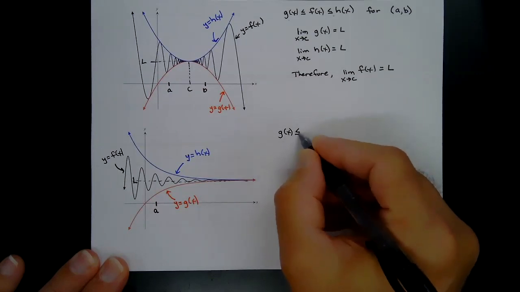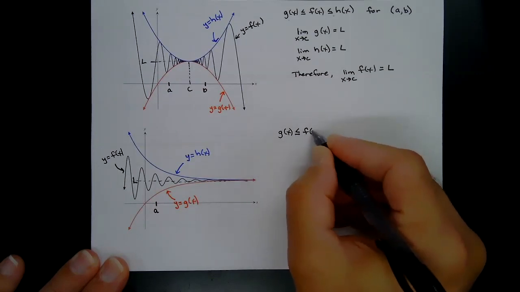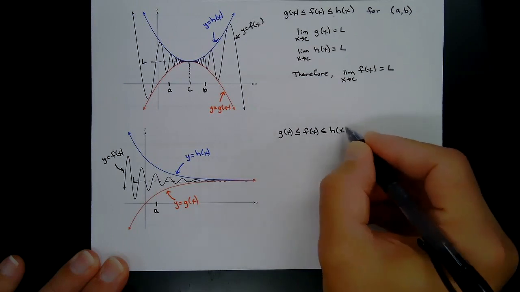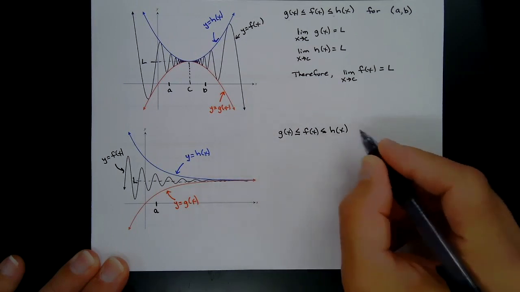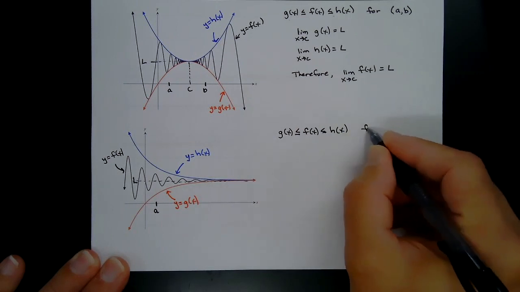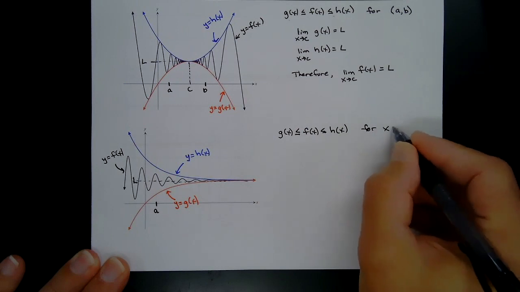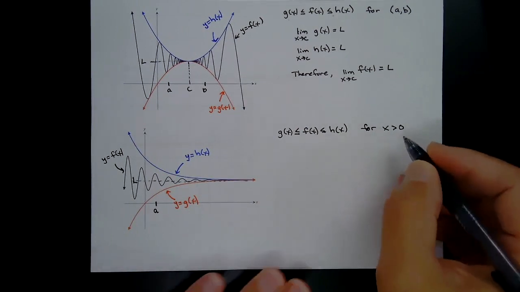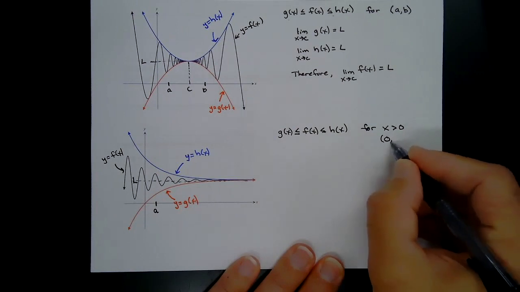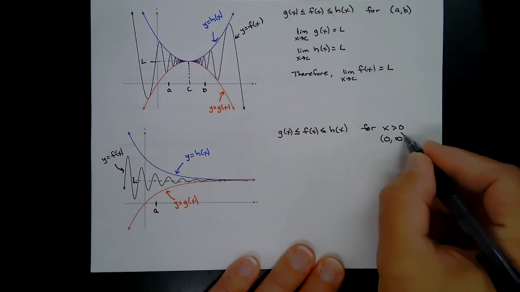So g of x is less than or equal to f of x, which is less than or equal to h of x. And for what? Now this is an open interval, so we could say for x greater than 0. Another way we could say that is 0 to infinity.